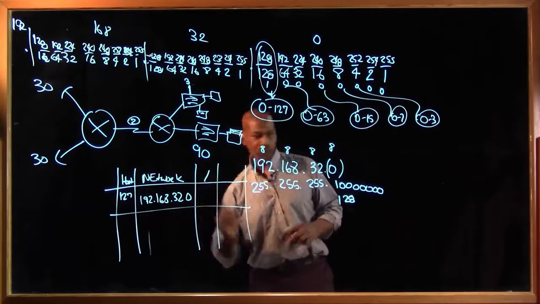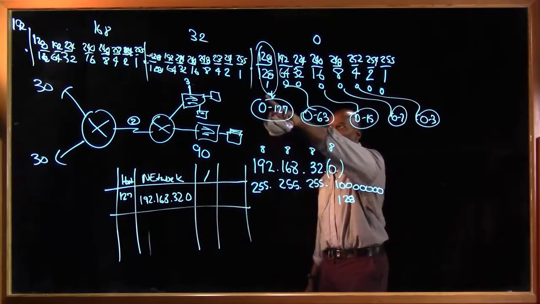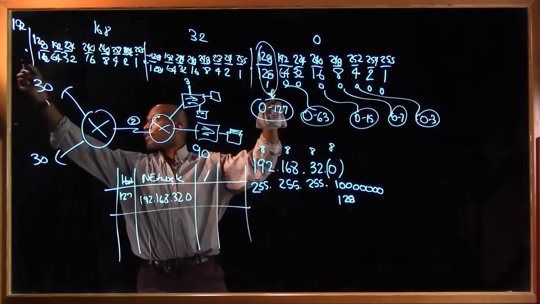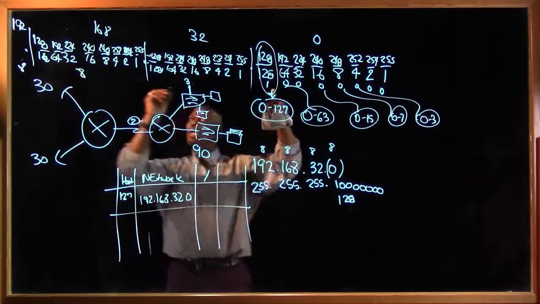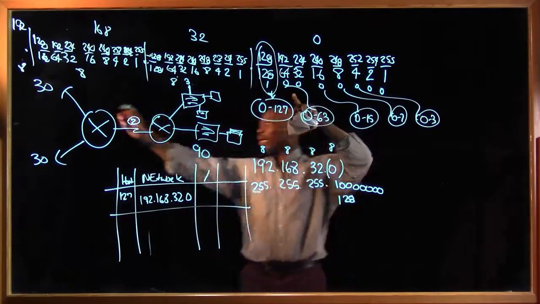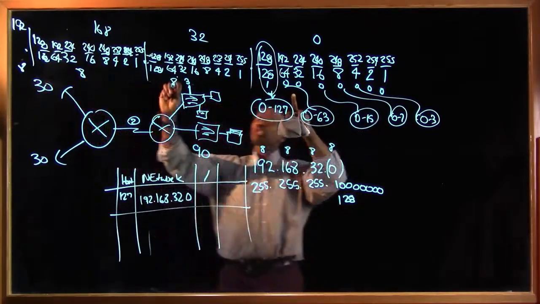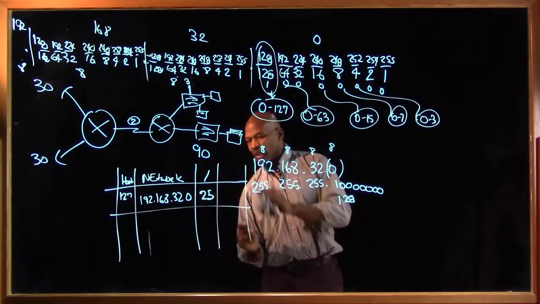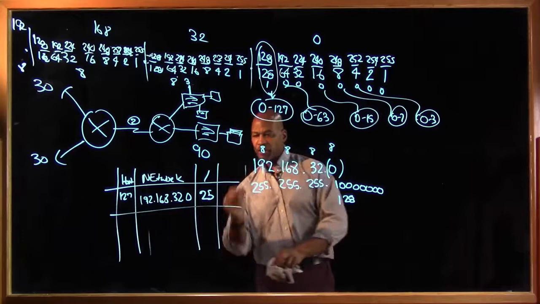The CIDR, which is how many bits I had to borrow, how many ones. Notice that I have 8 over here, 8 here, 8 here, and only 1. So I have 8, 16, 24, 25. So I have 25 ones.